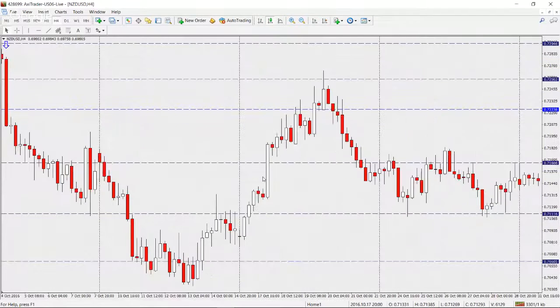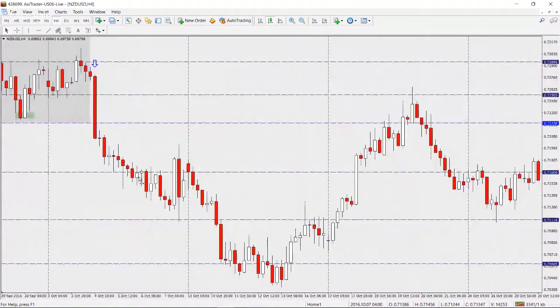So this one's tricky because it only just started this up move, so you don't really have any reversals here. The closest thing you would have would be here, and there was a little bit of a blow off top here.